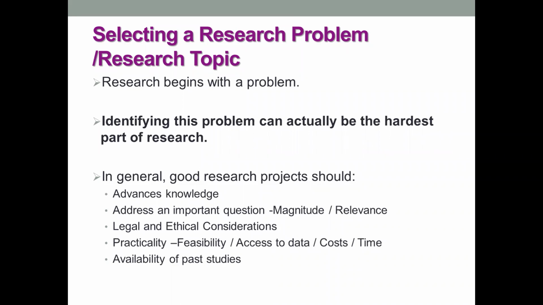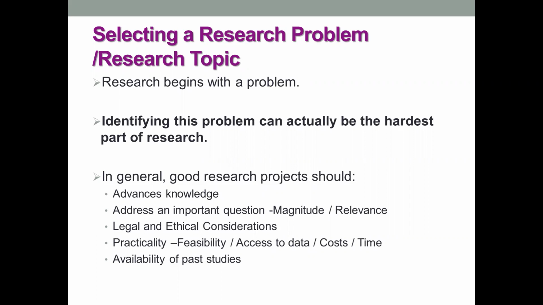Usually a good research project should have advanced knowledge. You should address important questions, that is the relevance, and whether it's legal or ethical to do such a study. Fourth, whether it's practical, can you prove it?